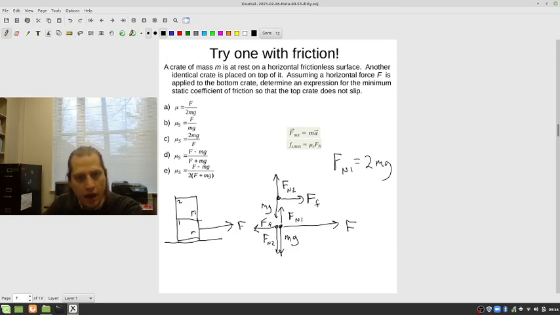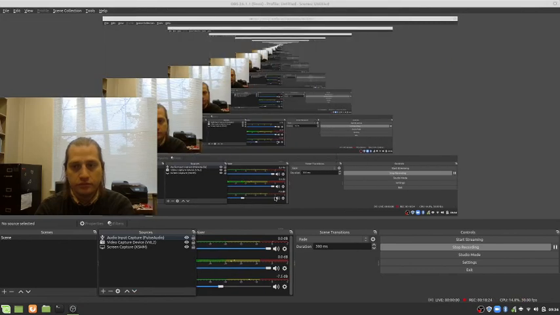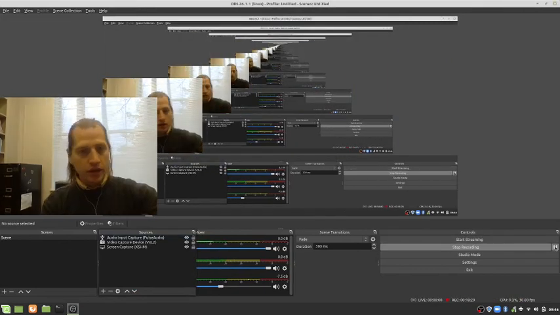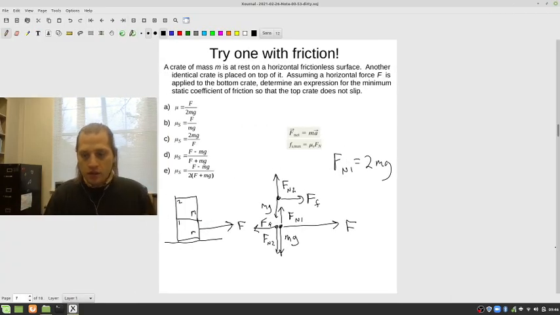Okay, now let's think. What is the force of friction that we're going to experience here? Well, the force of friction backwards in this case is not... just a sec. Okay, sorry about that. So this is the normal force on the first object, but that's not really what's relevant.